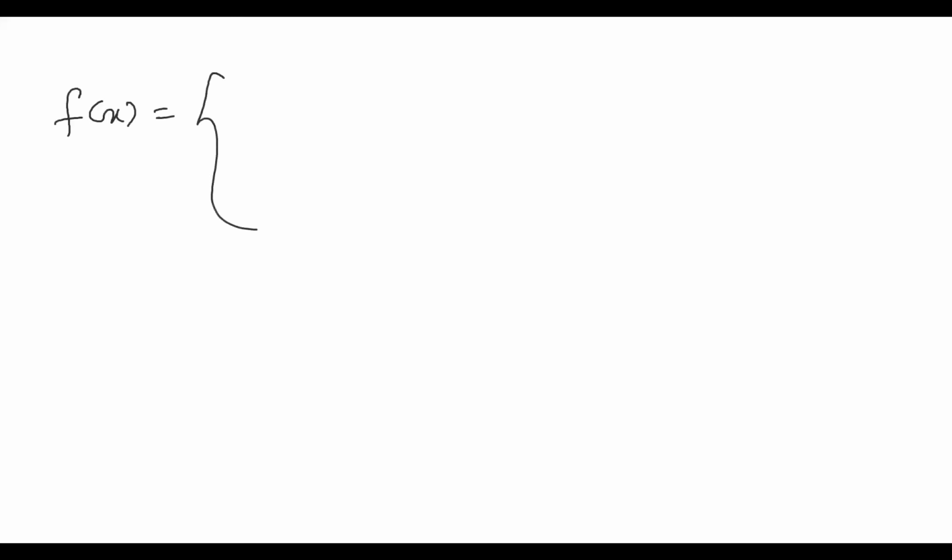I just need 5 to 10 more minutes so that it will be helpful for your exam. So f of x is equal to 1 minus x, 1 and x plus 1, if x is less than 0, x is equal to 0, x is greater than 0. So if this is how the function is defined, draw the graph for this function.